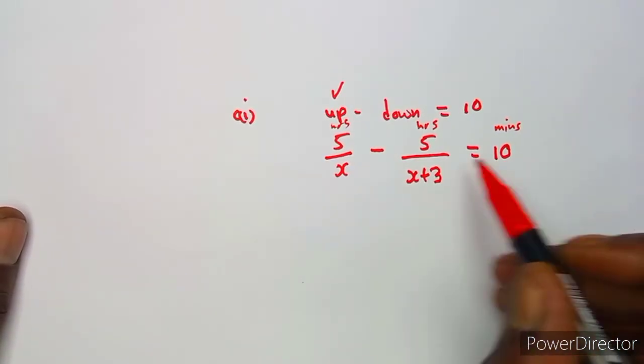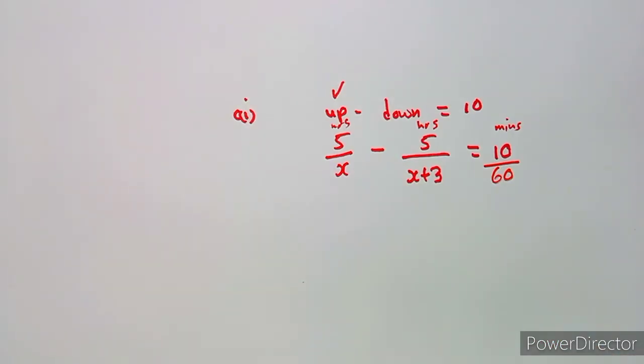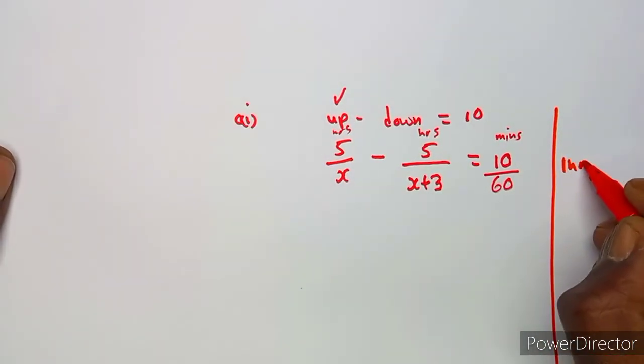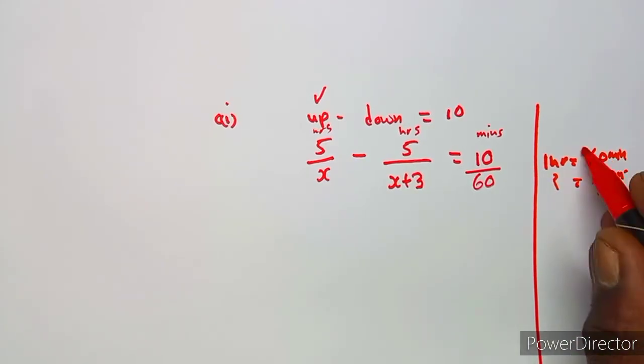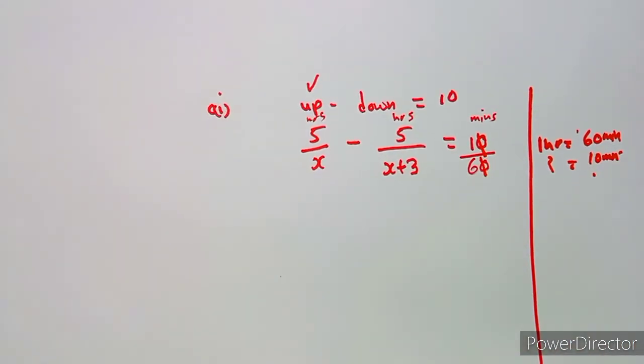How do you convert minutes to hours? We divide by 60. In an hour we've got 60 minutes, so to convert 10 minutes to hours, you divide 10 over 60. You can reduce this to 1 over 6.